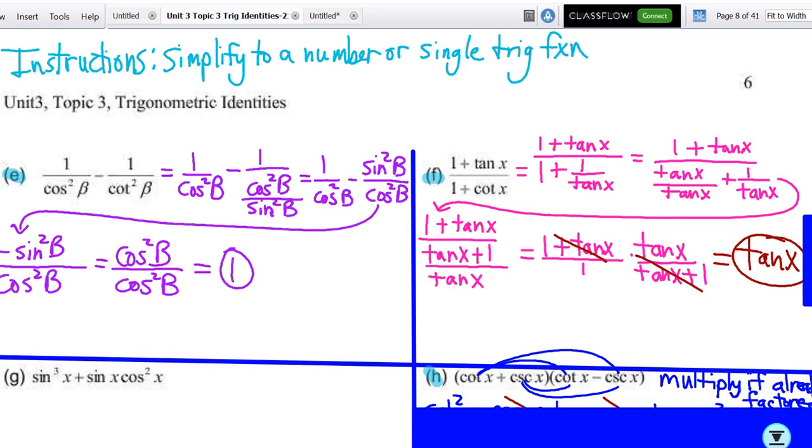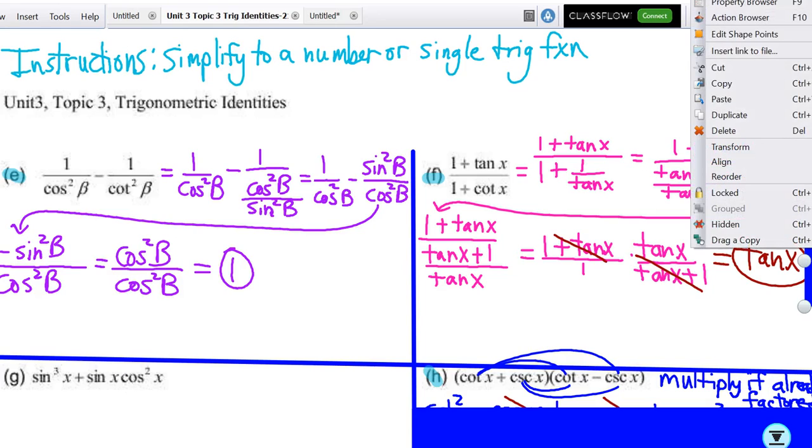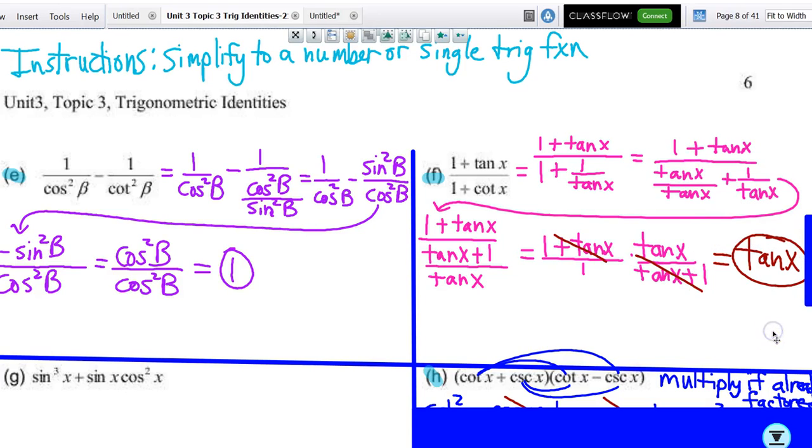When I do that, I can see that I can divide out 1 plus tan x divided by 1 plus tan x, I can divide by tan x plus 1. Those are the same. Remember that addition is commutative, meaning I can change the order and it's still the same. And that only leaves tan x over 1, which is a single trig function, tan x.